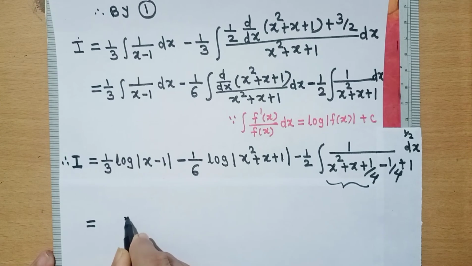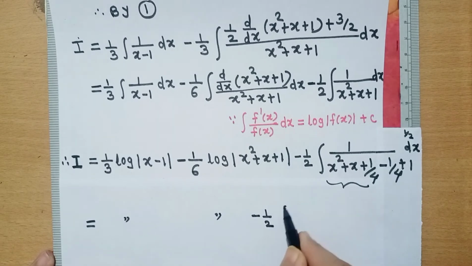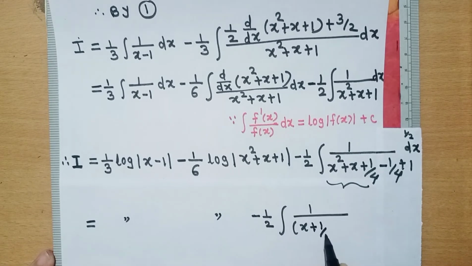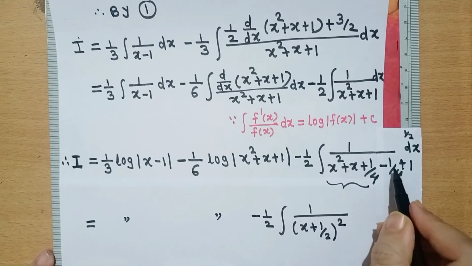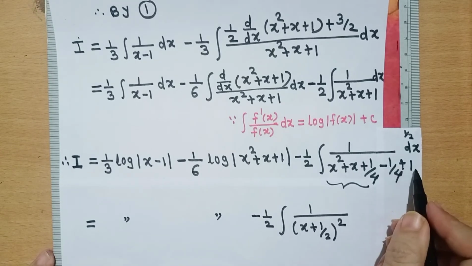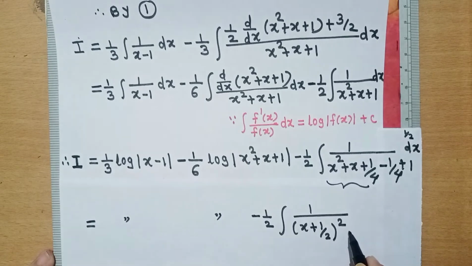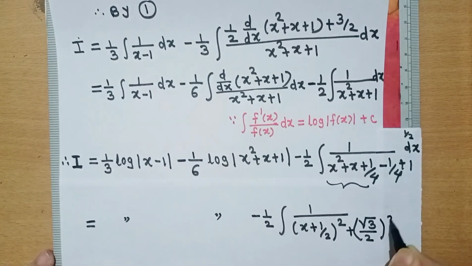These two terms as it is we will write in the last. First we will solve this. This is minus 1 upon 2, and here x plus half bracket square, and minus 1 upon 4 plus 1, this is 3 upon 4, but we will keep this in square form, so root 3 upon 2 bracket square.